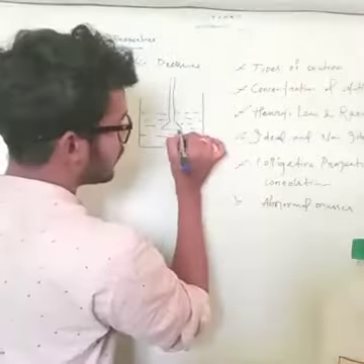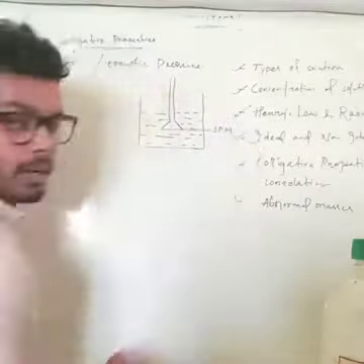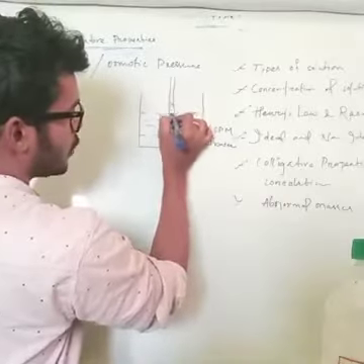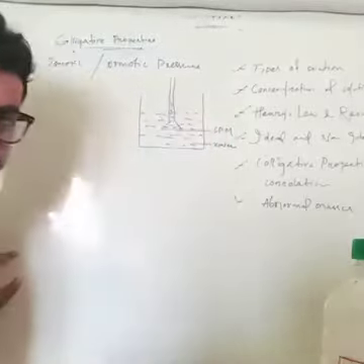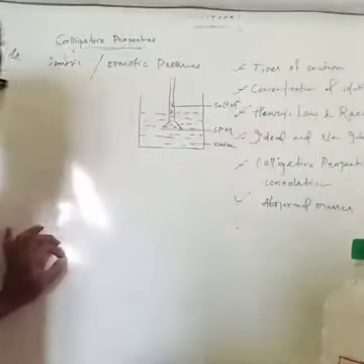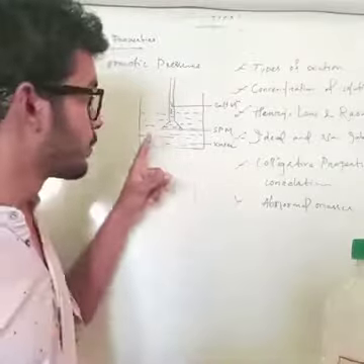Suppose this is your semi-permeable membrane, this is your water, and it has some solution, suppose glucose solution, salt solution or anything. So what will happen, where the concentration is more here?